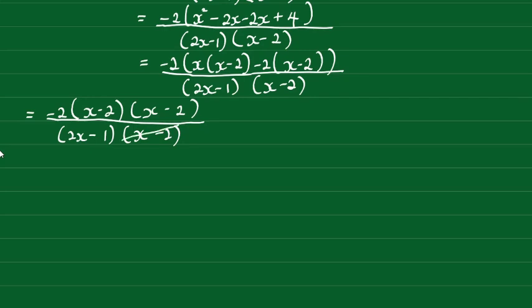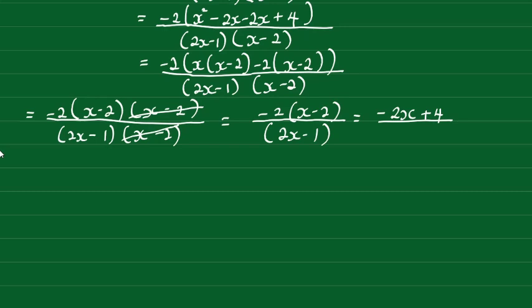So x minus 2 cancels out x minus 2. We're left with -2(x minus 2) divided by (2x minus 1). Now -2 goes in to multiply the bracket at our numerator. So we have -2 times x, which is -2x, and -2 times -2 gives us +4, divided by 2x minus 1.